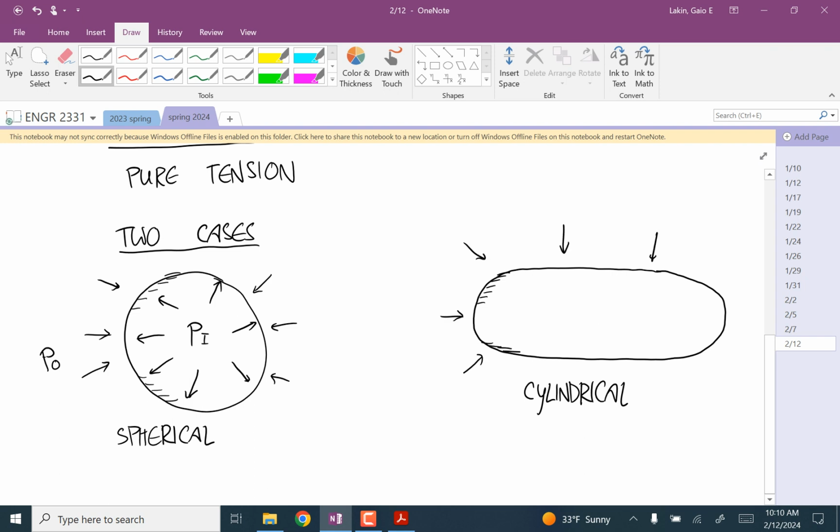Remember that this pressure is always applying forces perpendicularly to the surface.